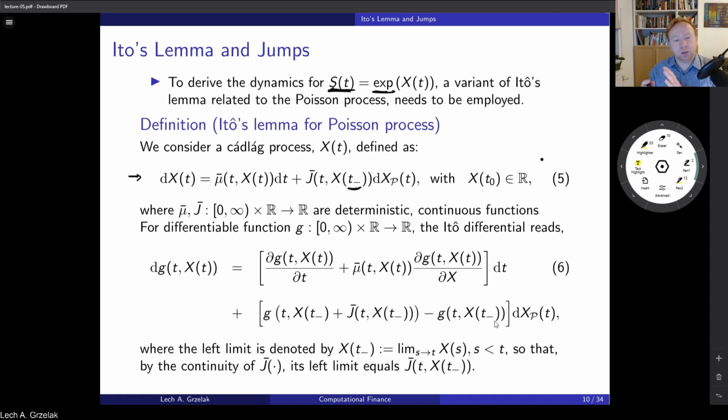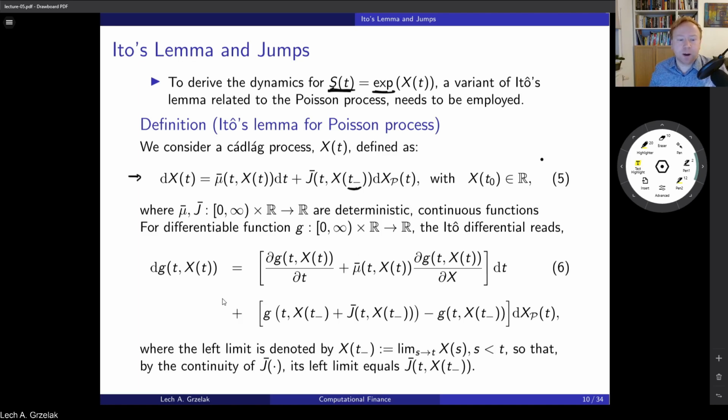So in the limit, you can consider that this t minus corresponds to the moment just before the jump takes place. As you can imagine, you have a jump magnitude of a process which happens just before the jump. After the jump, it will be included in the dynamics. But later it will be clear what the better intuition is for this xt minus.